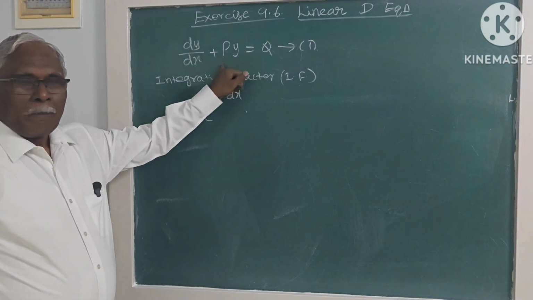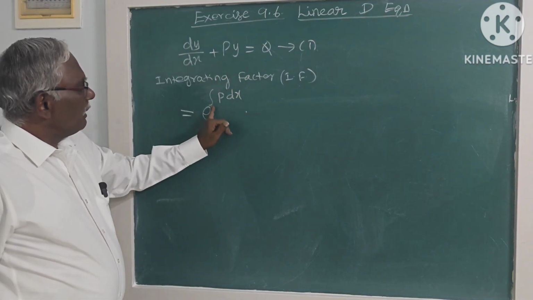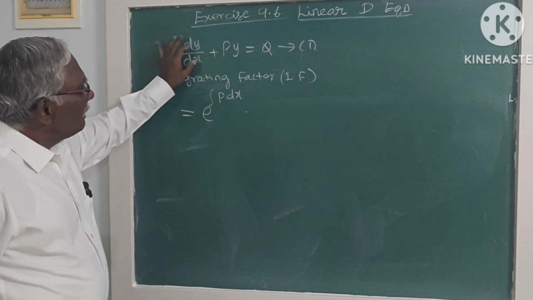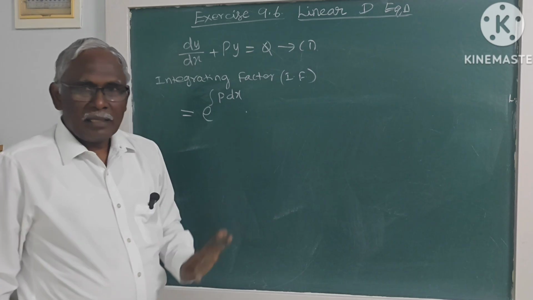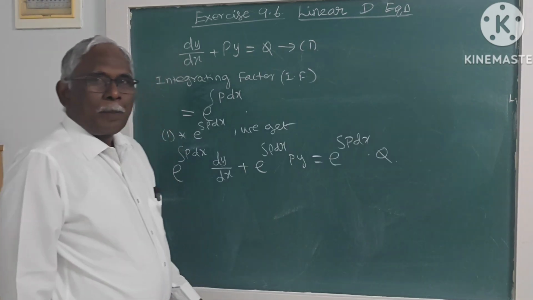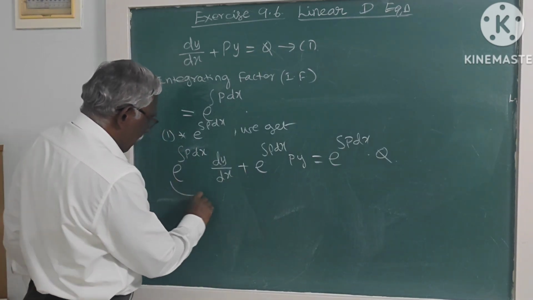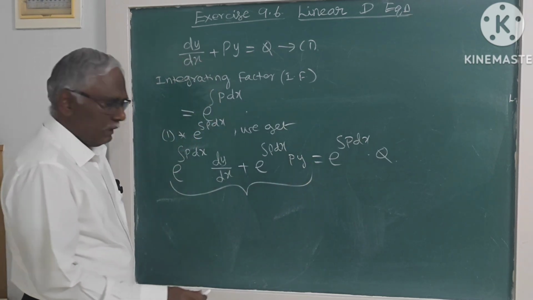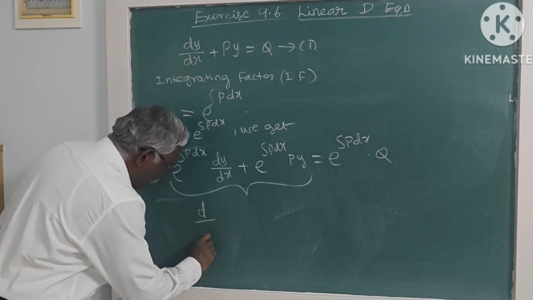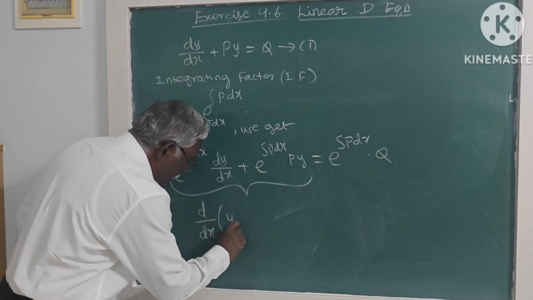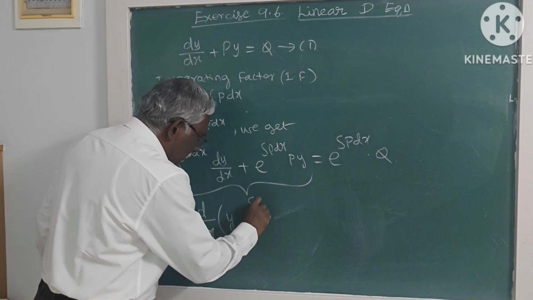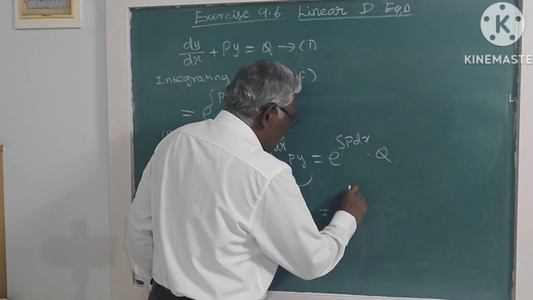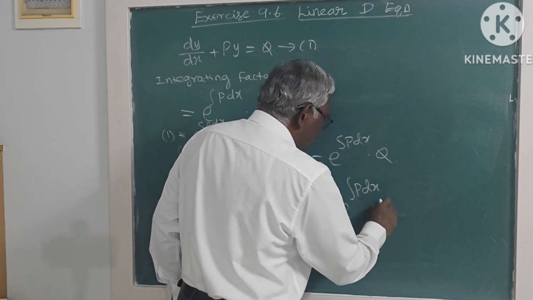You have to find the value of e power integral p dx, multiply the equation 1 by the integrating factor, and we get: now the left hand side becomes d by dx of y into integrating factor. So this is equal to e power integral p dx into q.